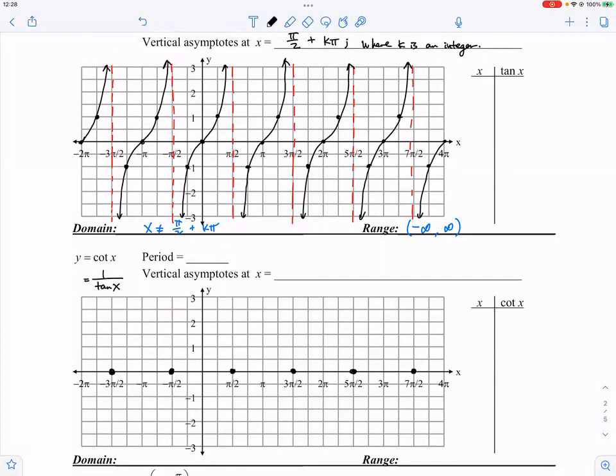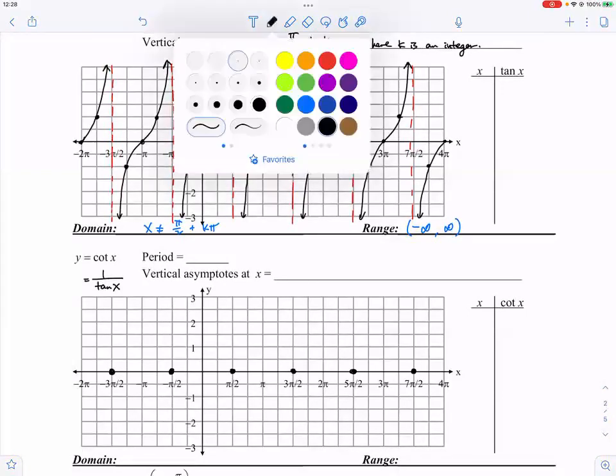And then when you see 0 for tangent x, you do the reciprocal and it becomes undefined.